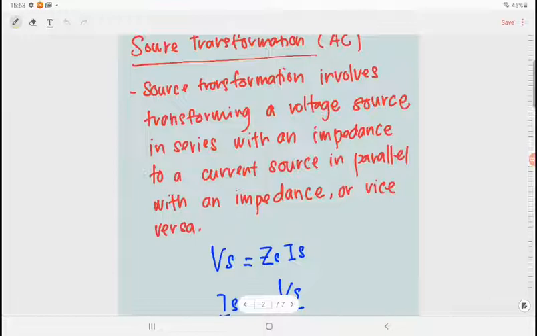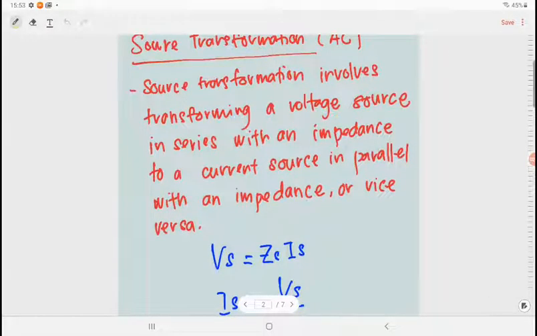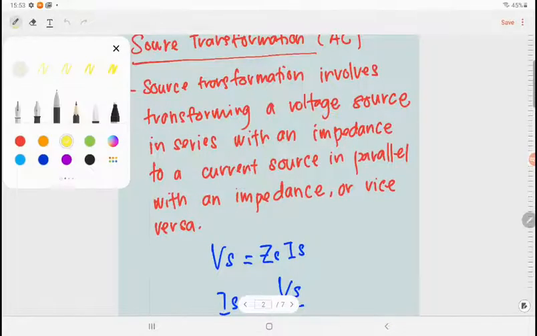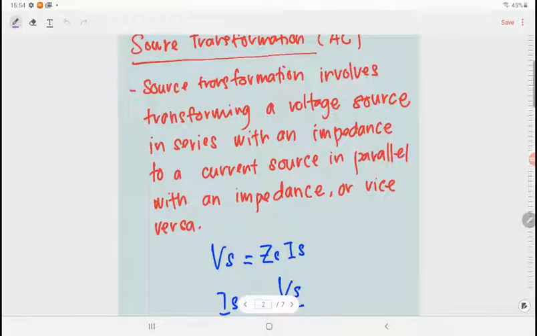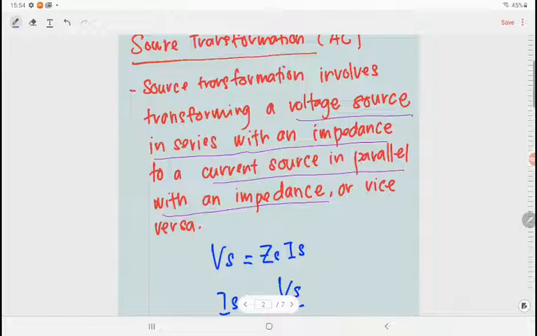As you know, source transformation involves transforming a voltage source in series with an impedance to a current source in parallel with an impedance, or vice versa. That means in a source transformation, you transform a voltage source connected in series with an impedance to a current source connected in parallel with an impedance.